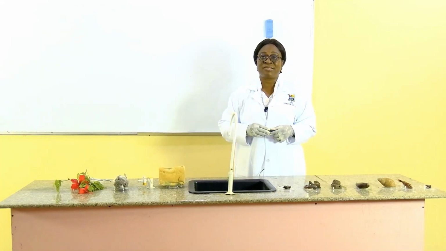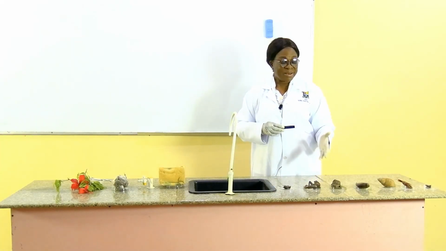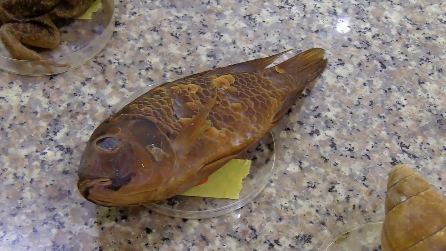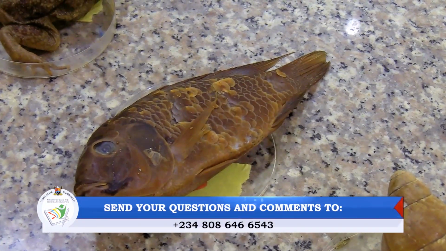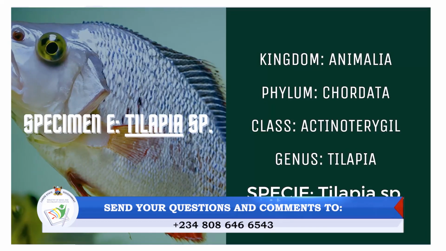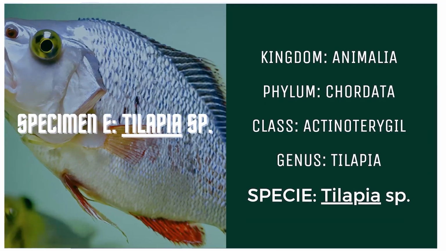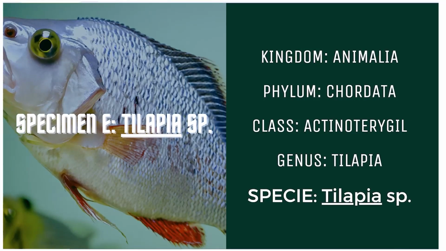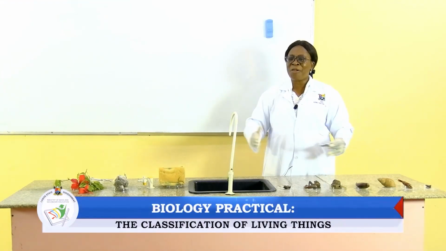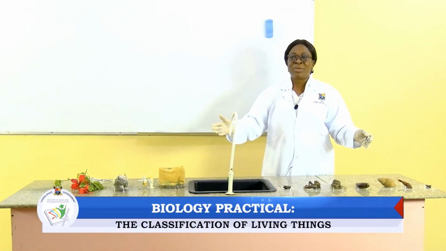We move on to the next specimen. Identified specimen E as Tilapia species. Kingdom Animalia. Phylum Chordata. Class Actinopterygii. Genus Tilapia. And species Tilapia species. I'm sure you all find this so easy now.